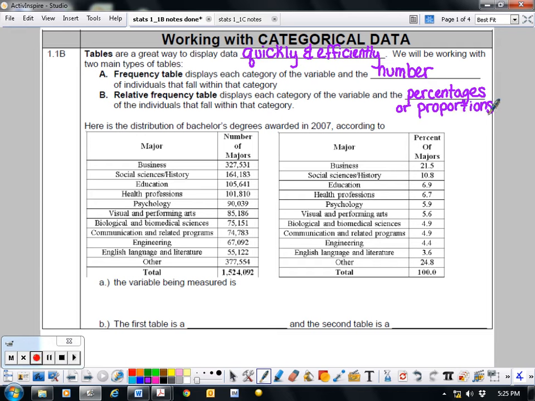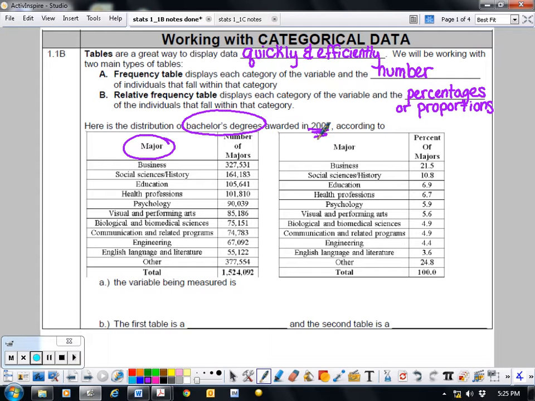Below, we have the distribution of bachelor's degrees awarded in 2007. So we've got two different tables. My first question to you is, this is definitely categorical because we've got some words describing the categories, but what is the variable? What are these words describing? They're talking about the major for each of the bachelor's degrees in 2007.